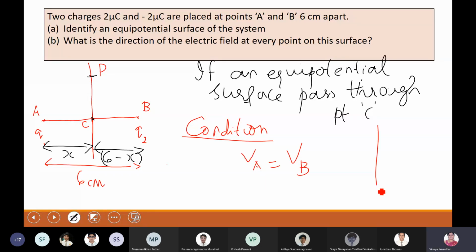So what is the general formula for V? V is KQ divided by R. So what is VA? It is K Q1 divided by AC. That must be equal to K Q2 divided by BC.